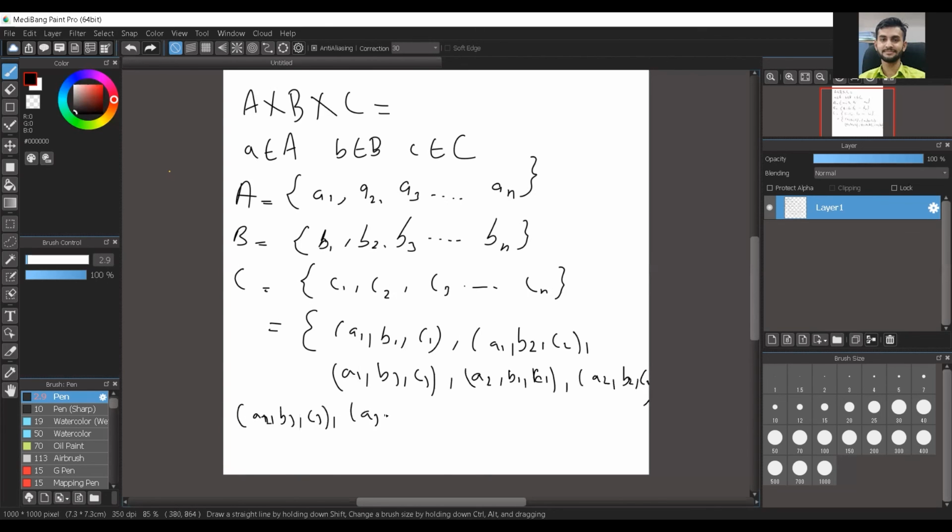Now A3, B1, C1. It keeps going on, because with three elements we need to complete A, and after we complete A, we again go to B: 1, 2, 3. If we complete B, again we go to C: 1, 2, 3. Is it clear? We just need to go in order.